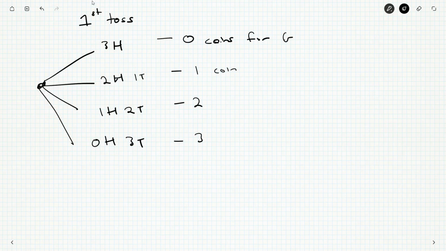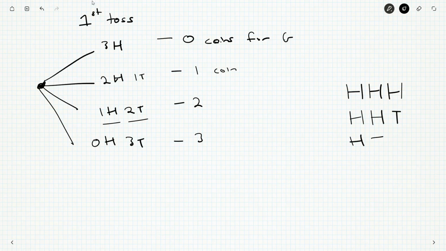Now, we're not done with this first toss because we have to figure out the probabilities, because the chance of getting all 3 heads is different than the chance of getting 1 head and 2 tails. And you can see that by listing out the possibilities. I could have all 3 heads. I could have the first 2 heads and then the next one tails. I could have the first and third heads. That's a way to get 2 heads and the middle one be tails. So these are nice possibilities.